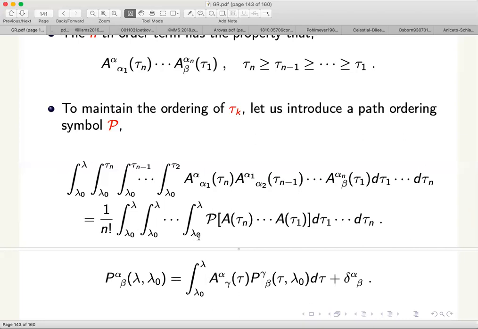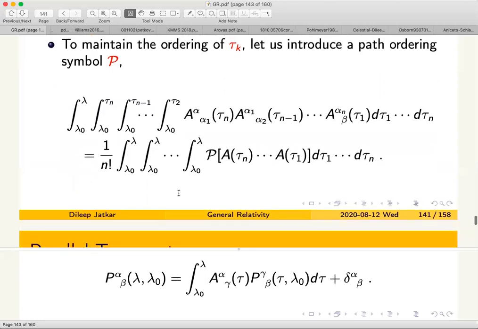But of course if you do that, you'll have to put a factor of 1 over n factorial in the denominator to soak up for the fact that this whole integral would have given you much larger number. Like for example in the tau and tau prime case, it would have given the answer twice as much. So you should put a factor of 1 over 2 factorial, although 1 over 2 factorial is the same as half.